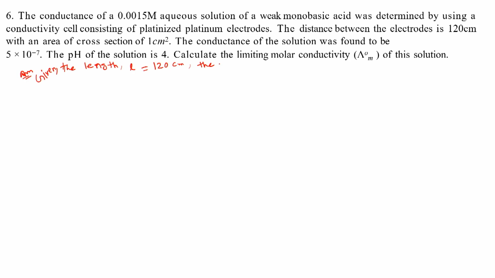The area of cross section A is also given, 1 centimeter square. Therefore, the cell constant L by A is 120 by 1, so we get 120 centimeter inverse. This is the value of the cell constant.